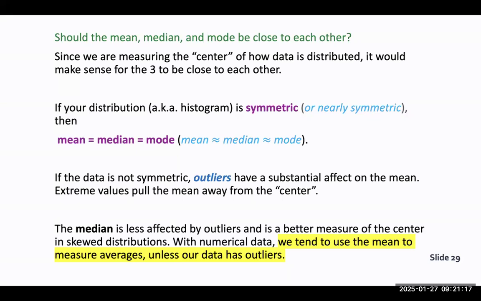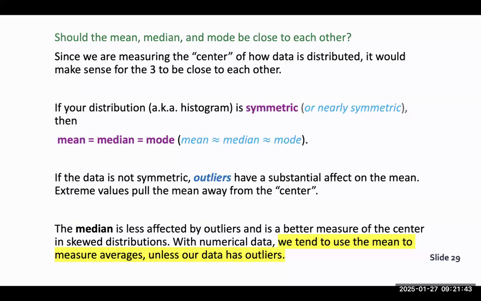So maybe here's an example. If you have some homework scores, let's say you're doing really well on homework. Let's say there's 10 homework scores in a class and you are making like 90, 100, 85, 95. Let's say 9 of those values are very high. And then let's say you missed a homework one day and you got a 0.